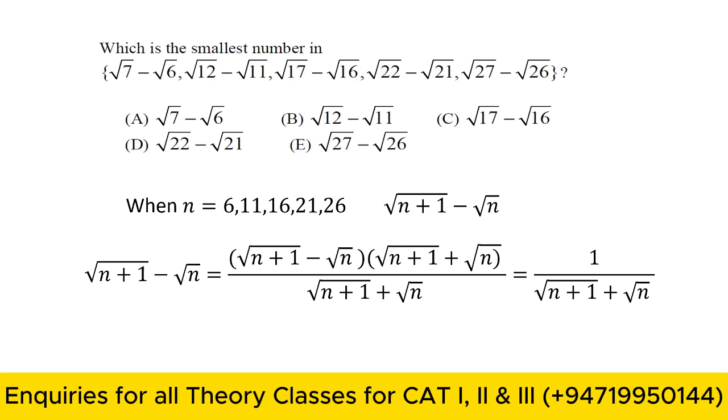The largest number is 27 and 26. It means root 27 minus root 26. So the final answer for this one is root 27 minus root 26.